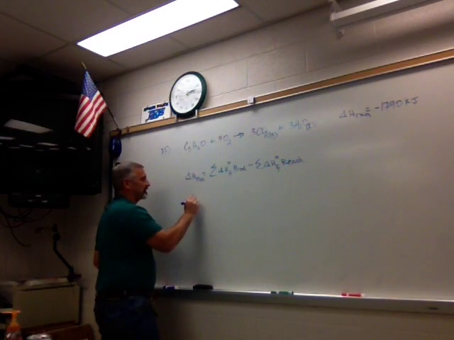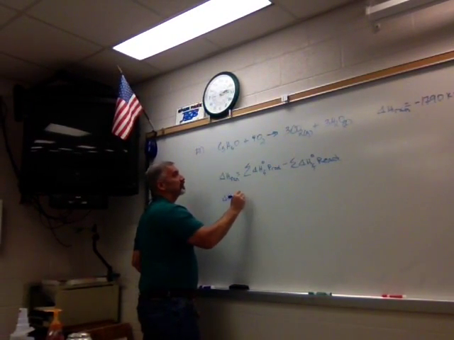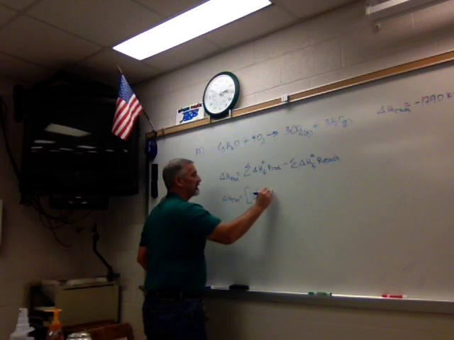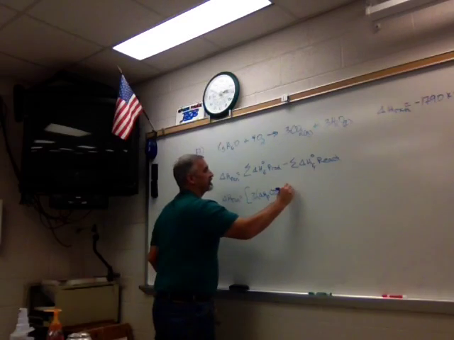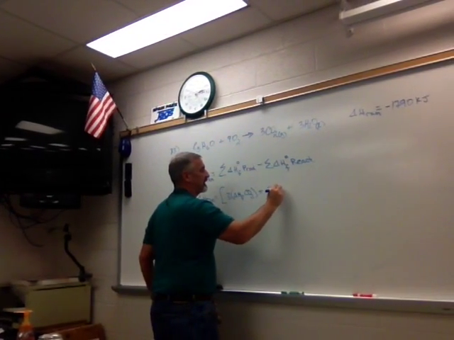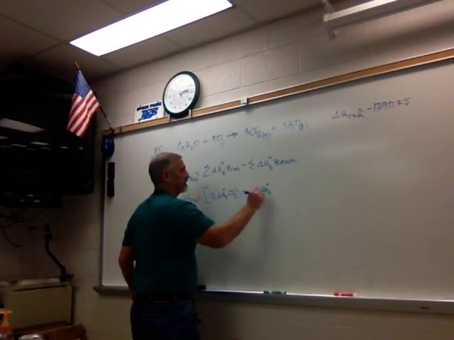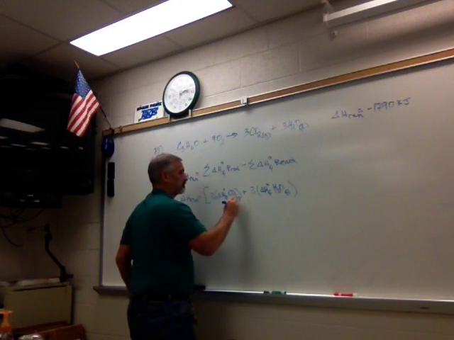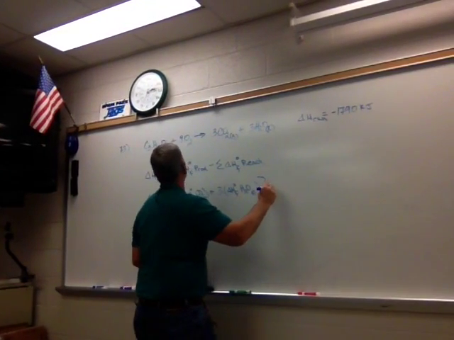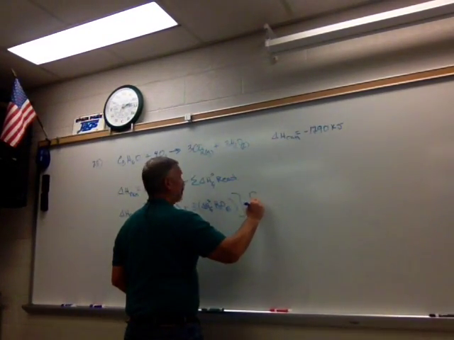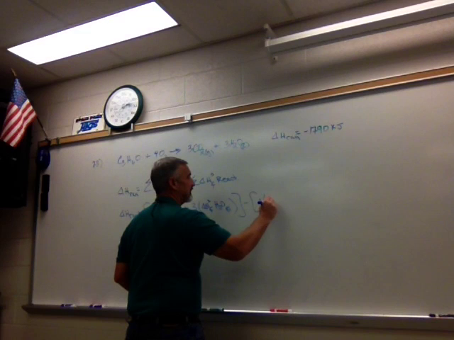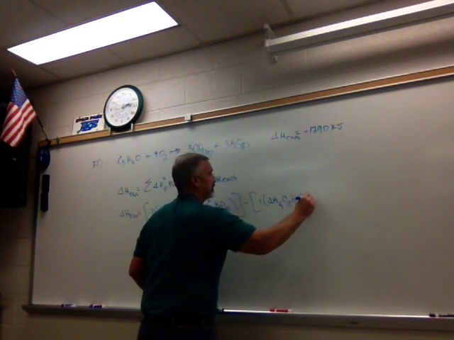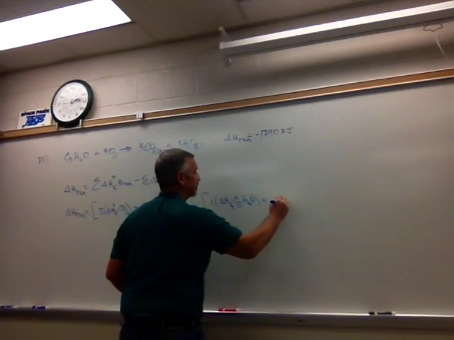So delta H is going to equal 3 times the delta H of formation of CO2 plus 3 times the delta H of formation of H2O minus 1 times the delta H of formation of C3H6O plus 4 times really 0.